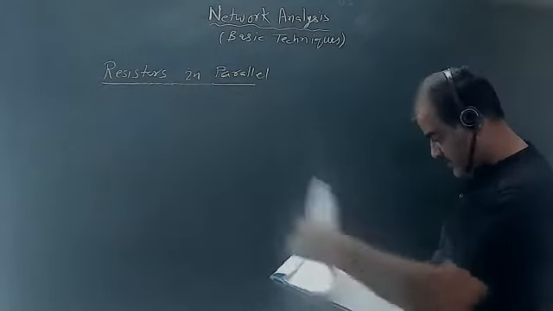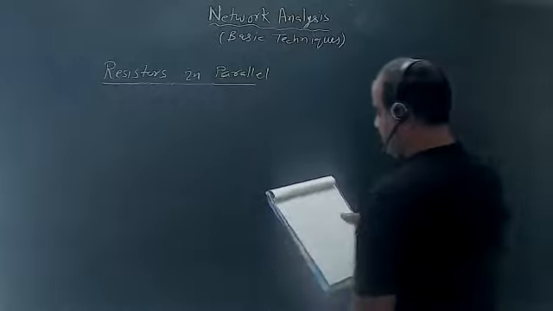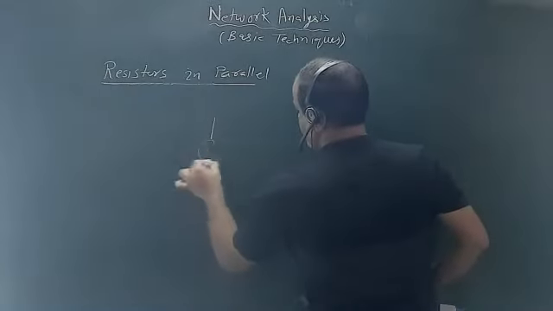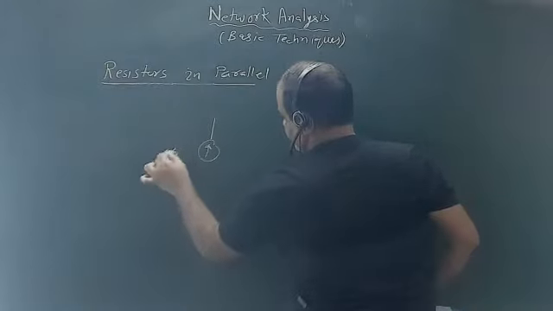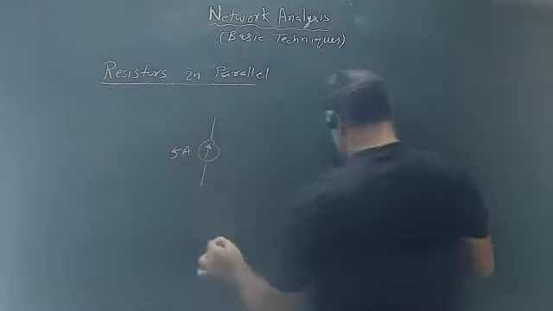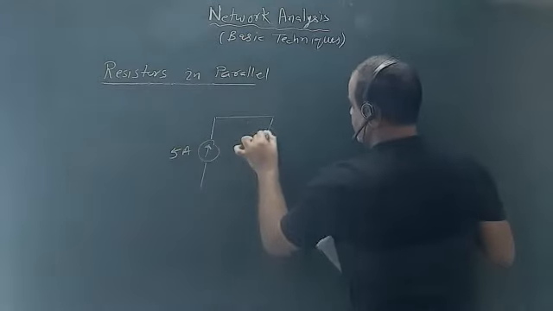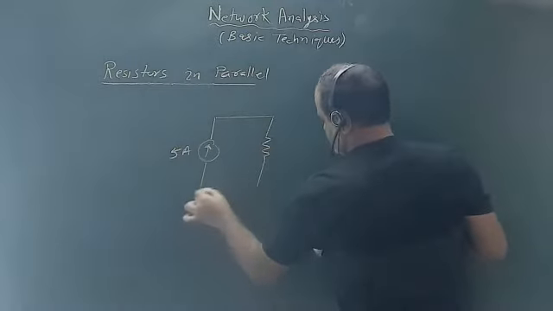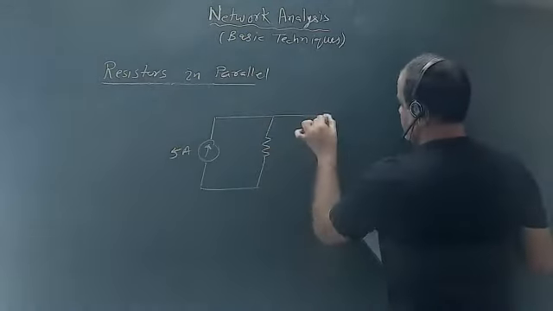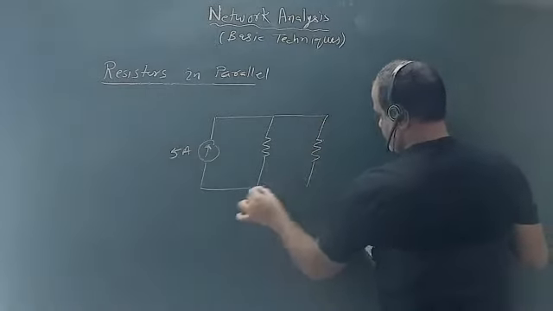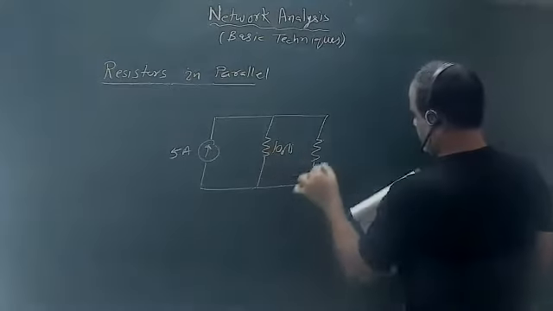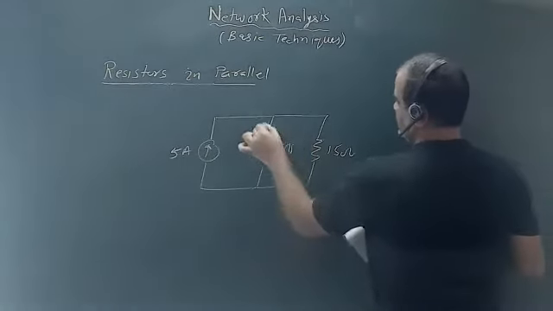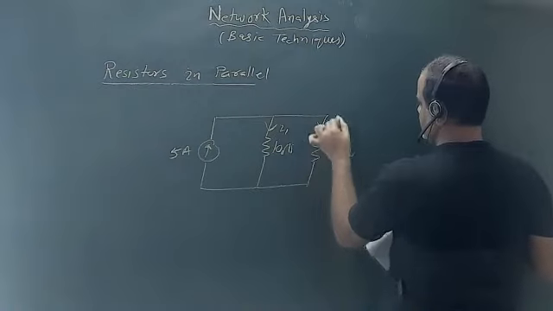So now suppose we have 5 ampere current, and then we have one resistance more. This is 10 ohm, this is 15 ohm. So this is I1, this is I2.